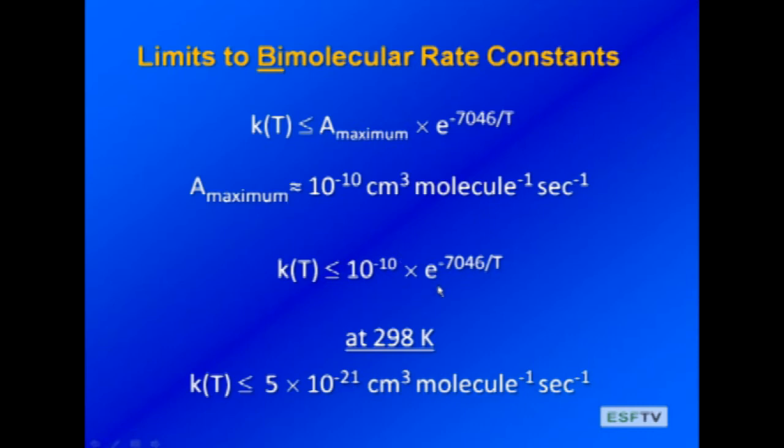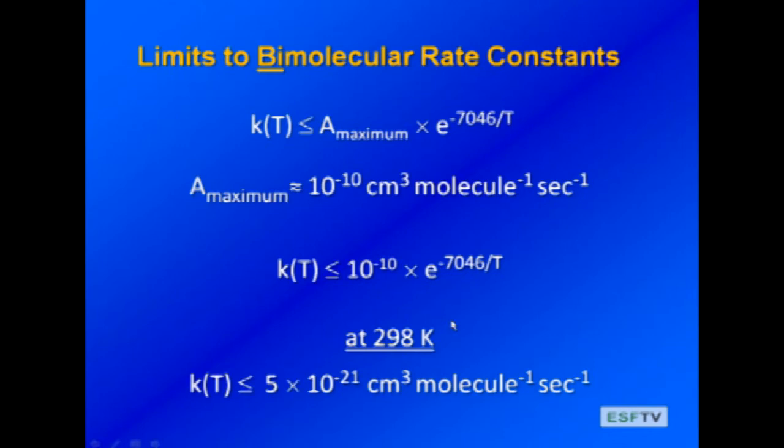by the exponential term. So using the value we derived from the endothermicity of reaction to get a lower limit of the activation energy at 298 K, we can say that the rate constant for this reaction is less than about 5 times 10 to the minus 21 cubic centimeters per molecule per second.